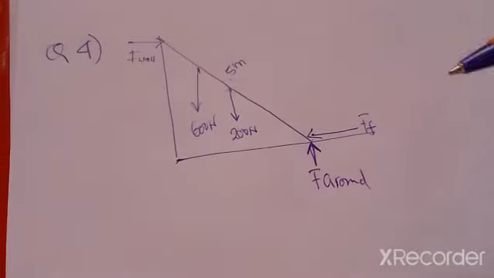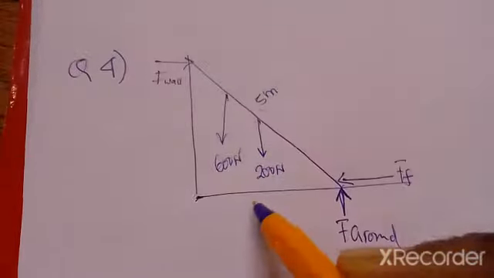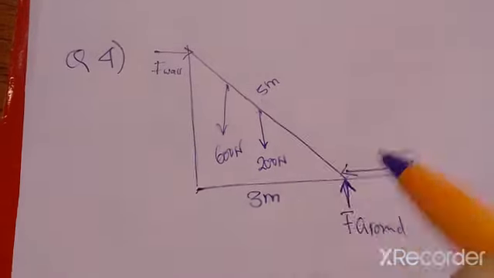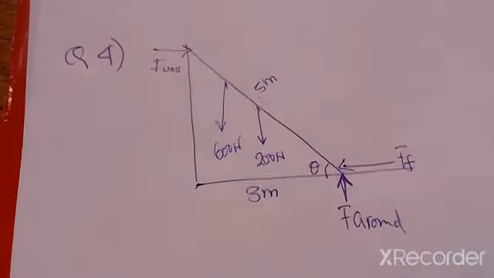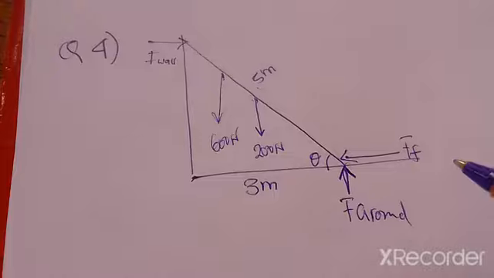Now we've been told this is 5 meters and we've been told this is 3 meters. There's an angle of action here. We've not been given that angle. So that's what we have about this ladder.